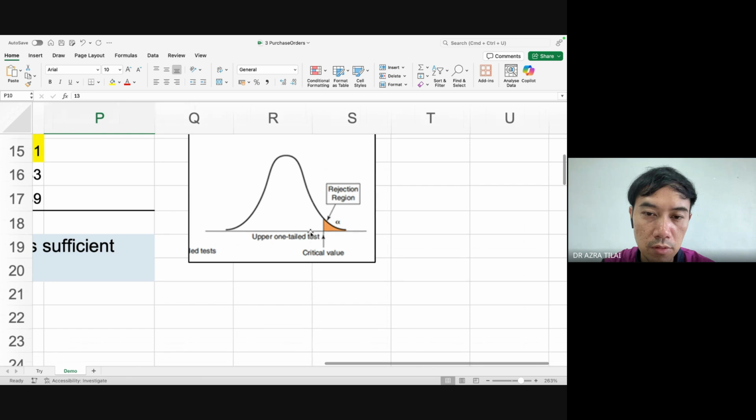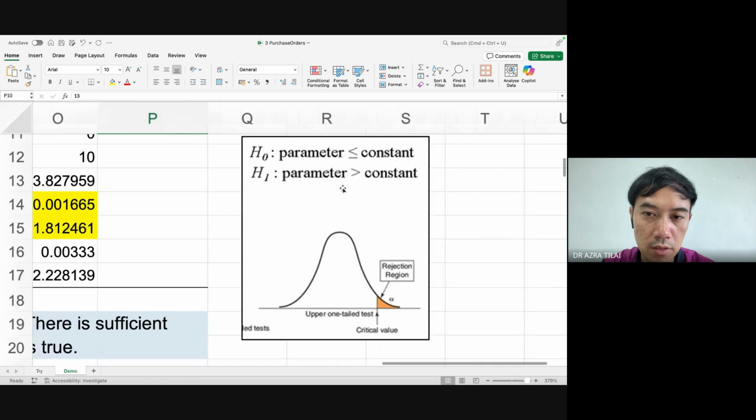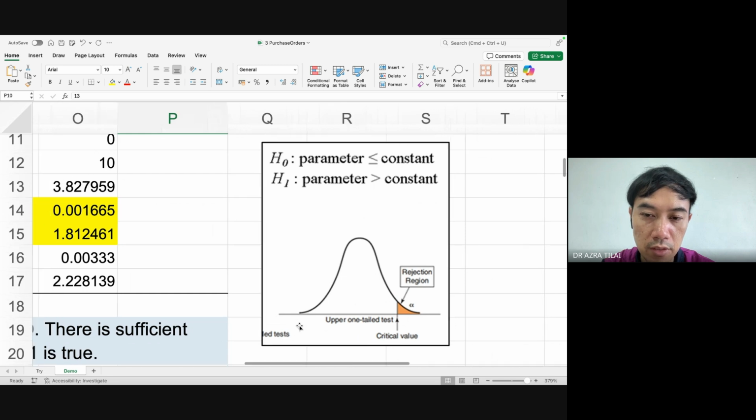So your hypothesis should look like this. Remember, this arrow suggests that you should shade this region. This will be called an upper one-tailed test, rejection region.